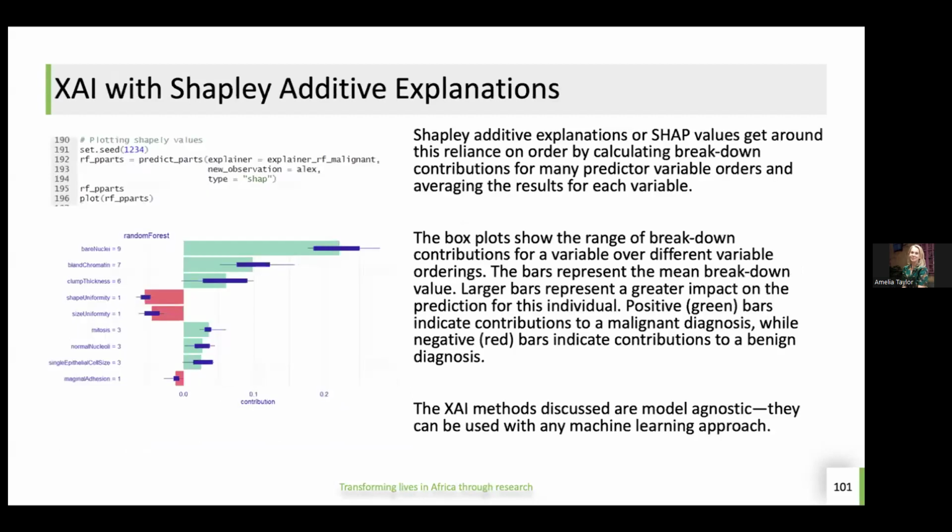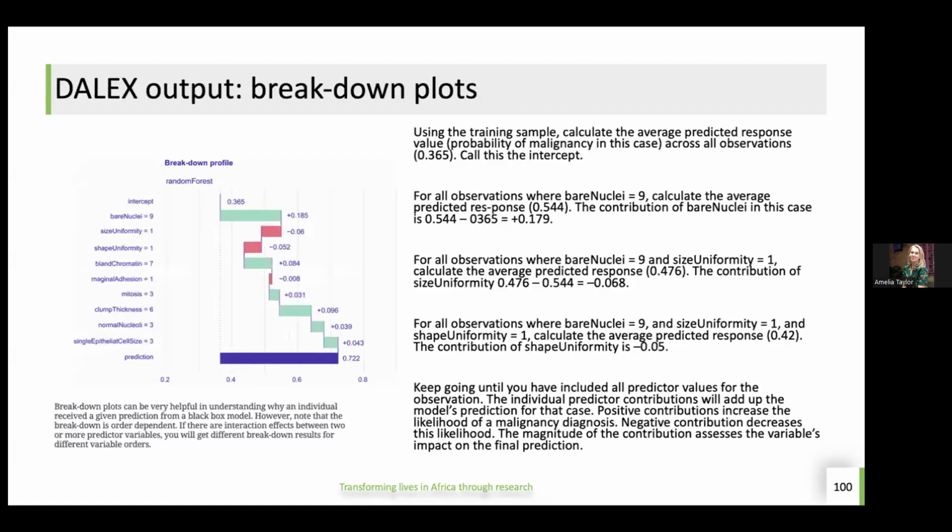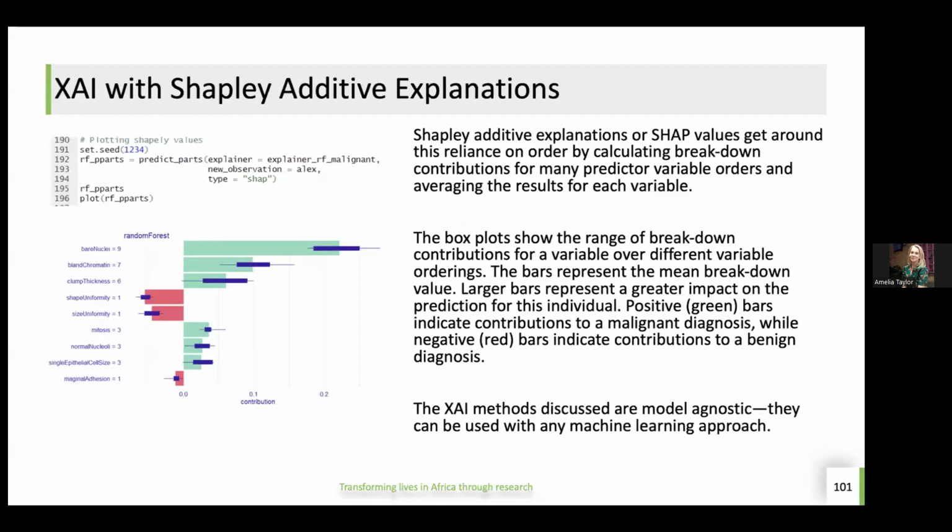We also looked at this Shapley library. These are additive explanations as opposed to the breakdown. And this helps you, right? Because you can just say how much comes from bare nuclei plus how much comes from bland chromatin and so on.